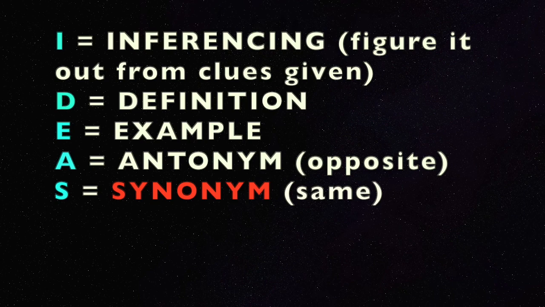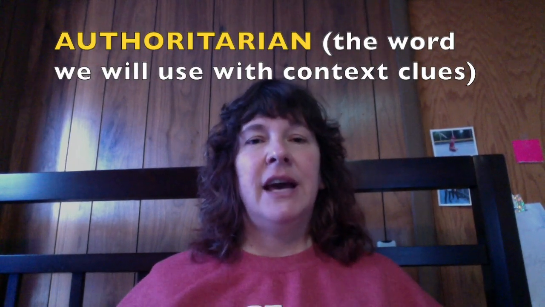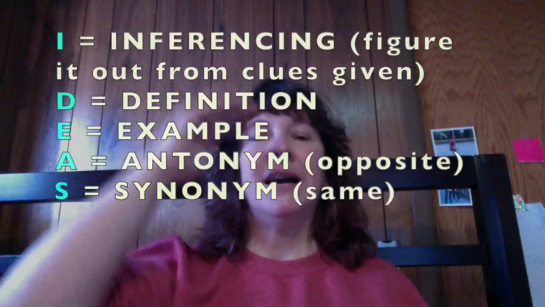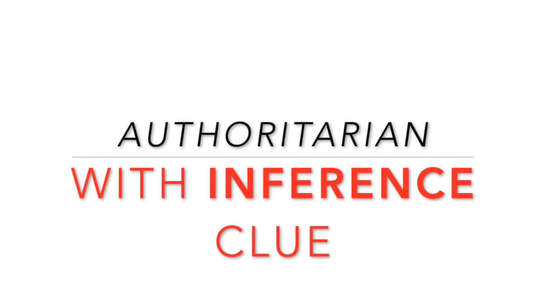All right. So let me explain those briefly. I am going to give you the word authoritarian used in 5 sentences, and they will follow just what I did before, IDEAS. So the first one is an inference, and by the end you'll know what authoritarian means, okay?